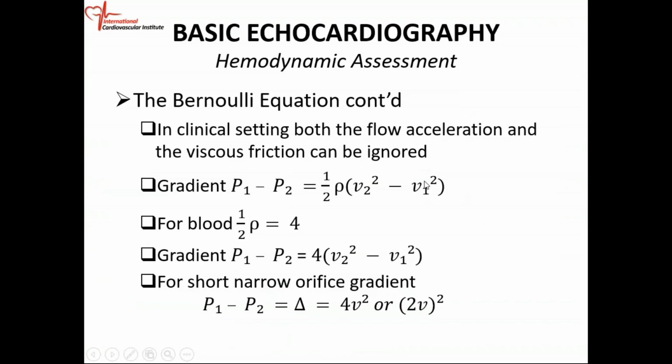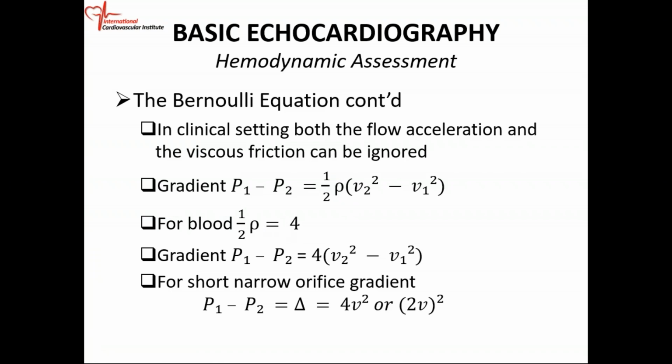If it's not a long stenotic area, so the gradient, which is the pressure difference, is equal to half rho into V2 squared minus V1 squared. So if it's not a long stenotic area, you can ignore this. So the equation becomes, well, before we get to that, half of rho for blood is equal to 4.